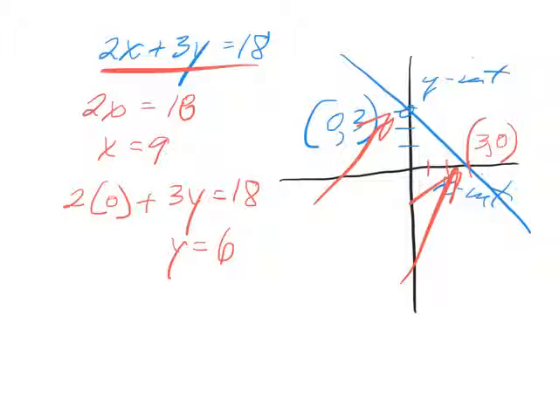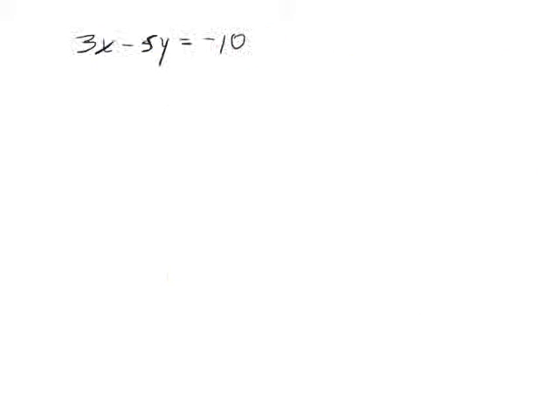Let's jump all the way to example 4 on page 62. On this particular one, they're solving it according to the slope-intercept method, so y equals mx plus b. They very quickly and easily wrote this like this.